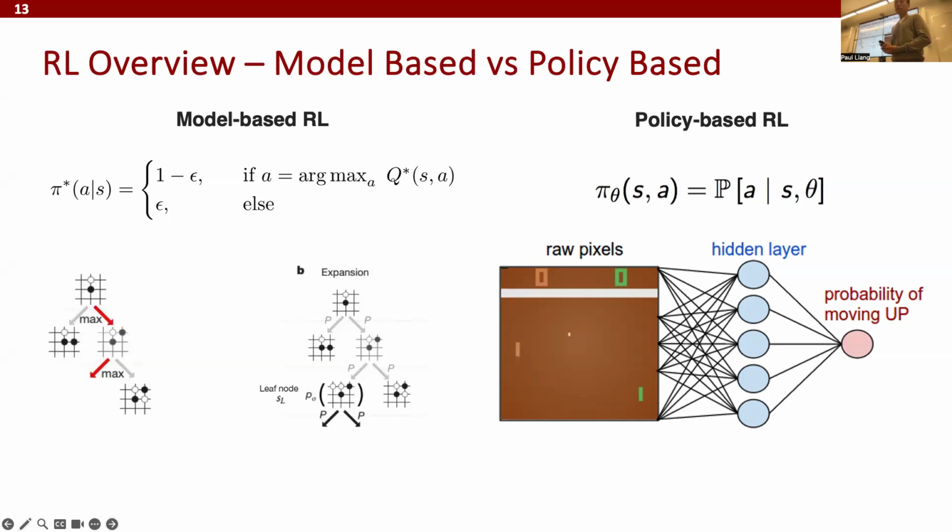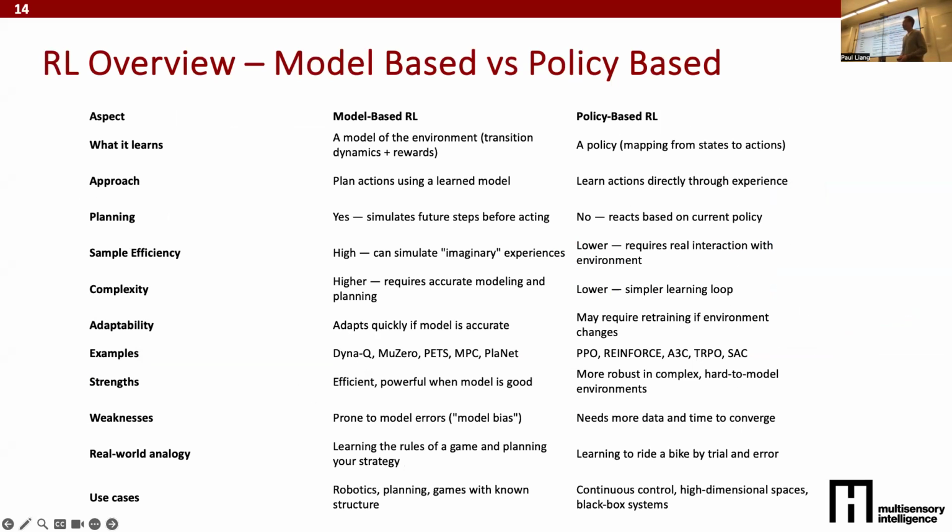But before covering policy-based methods, I want to highlight, again, this is a big debate, whether model-based methods are better or whether policy-based methods are better. And here I've listed a long set of pros and cons for each approach. So in model-based RL, you're actually learning a model of the environment. You're learning this tree and each possible state action transition. In policy-based RL, you only learn the policy, but you don't care about learning a model of the environment.